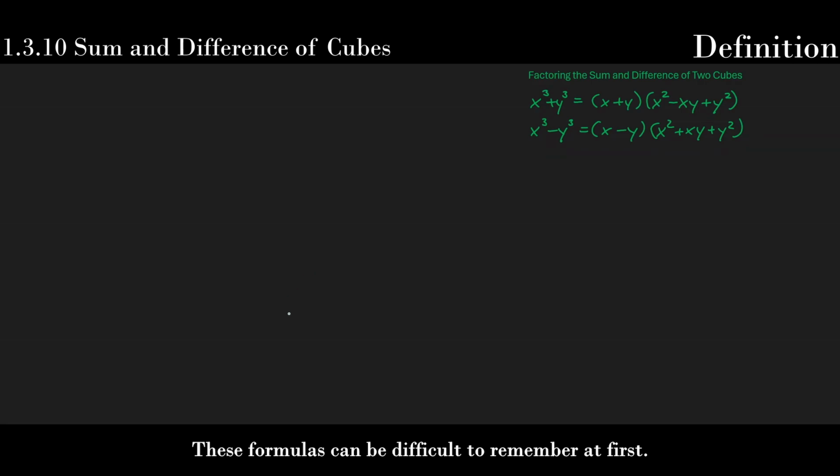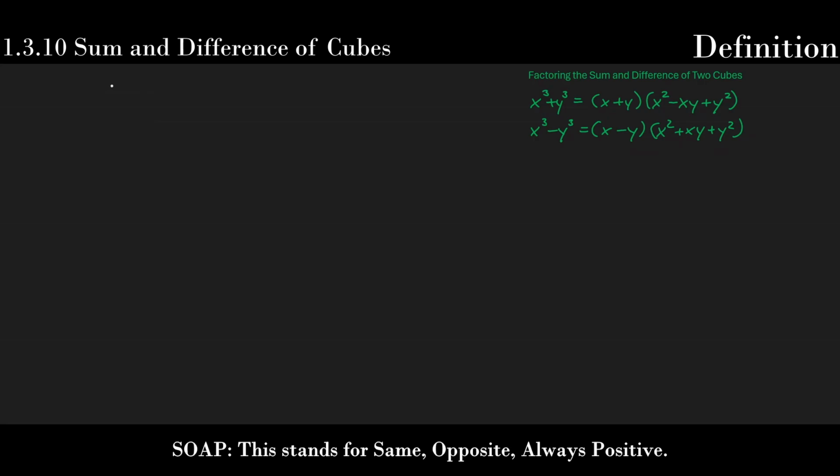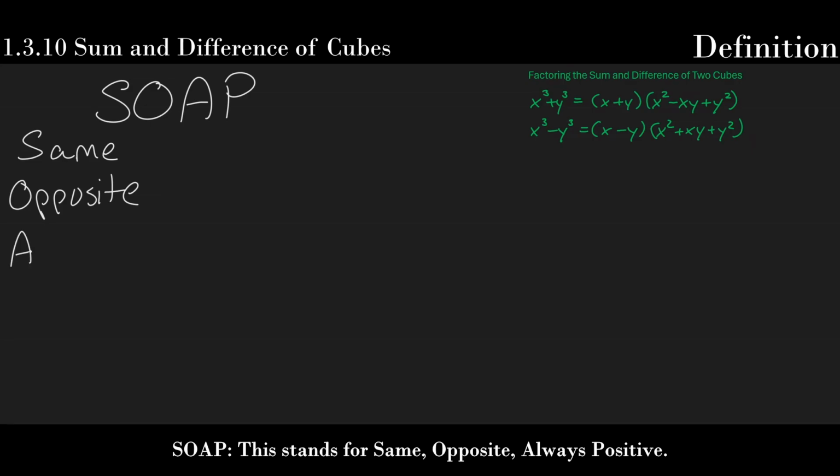These formulas can be difficult to remember at first. There's an easy acronym that may help to remember the placement of signs. SOAP. It stands for same, opposite, always, positive.